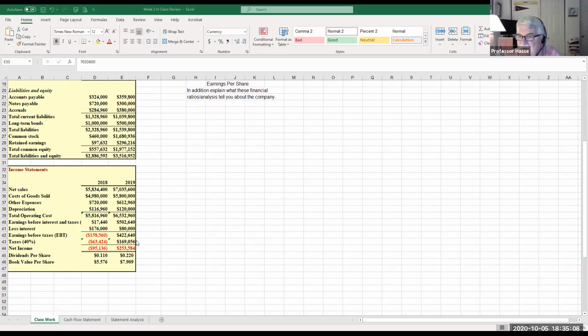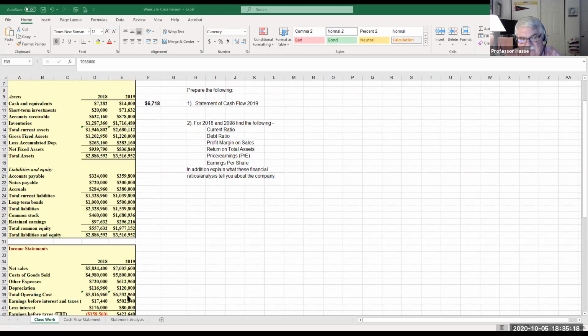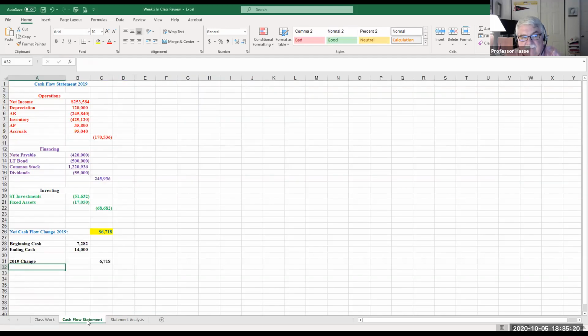Profits which are distributed in the form of dividends to our investors, to our stock owners. And the third main statement of these financials is the cash flow statement, a statement of operations, financing, and investing on where cash comes in and out of the business, determining our net cash flow for the year.